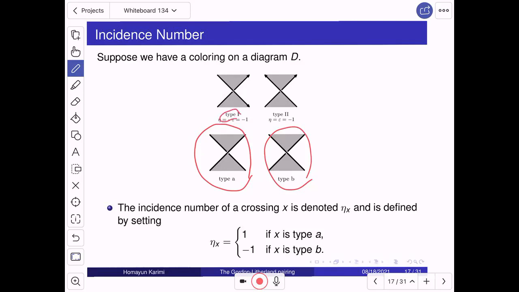This is only defined when you have a checkerboard coloring and your diagram is oriented. In that case, if the picture looks like the top left, then it's called a type 1 crossing, and if it looks like the top right picture, it's called type 2. So that's the definition of type and the incidence number for a crossing.